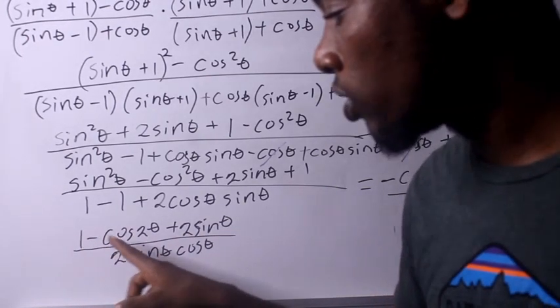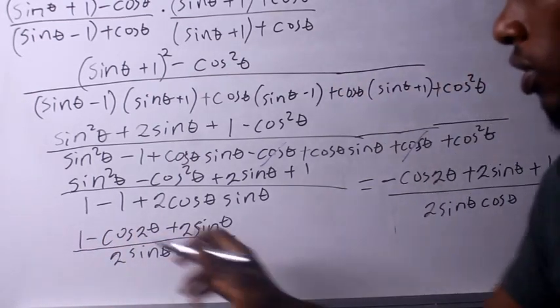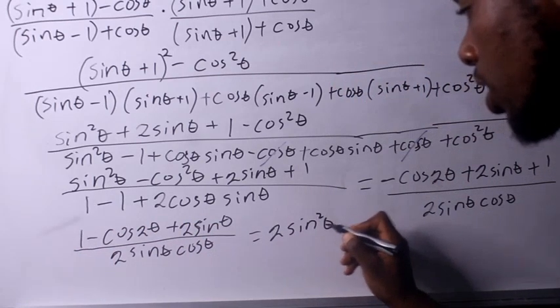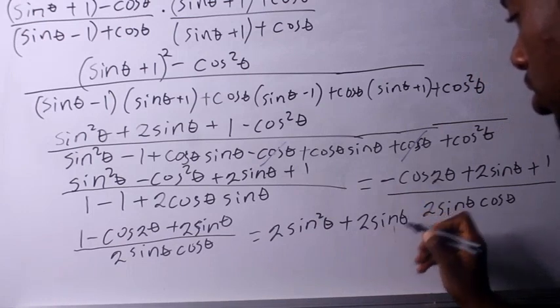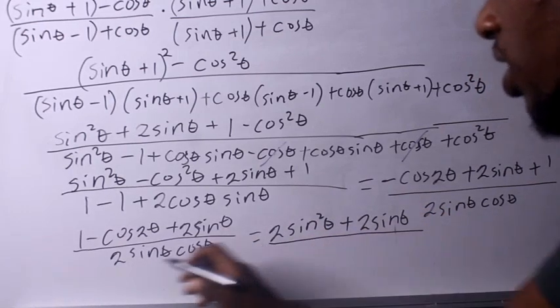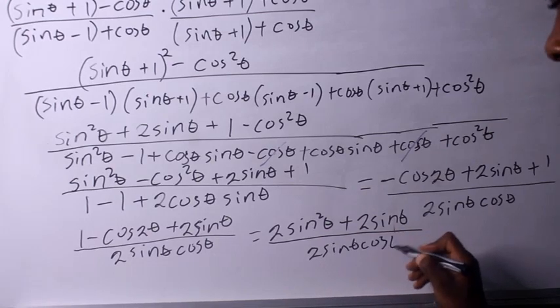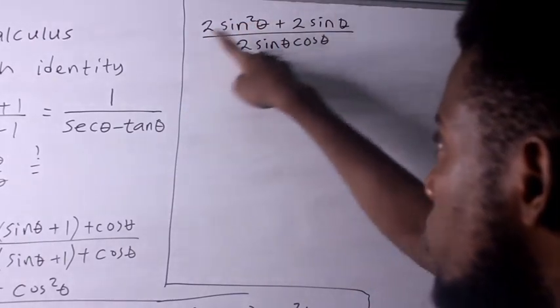Now 1 minus cos 2 theta is an identity, and that's 2 sin square theta. So I'm going to write this as 2 sin square theta plus 2 sin theta, all divided by 2 sin theta cos theta. Once we have this, we can factor out 2 sin theta from the numerator.